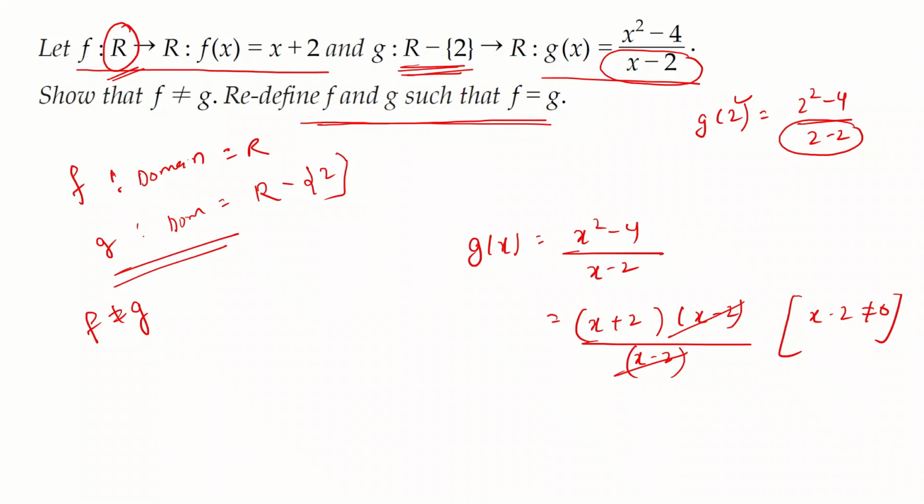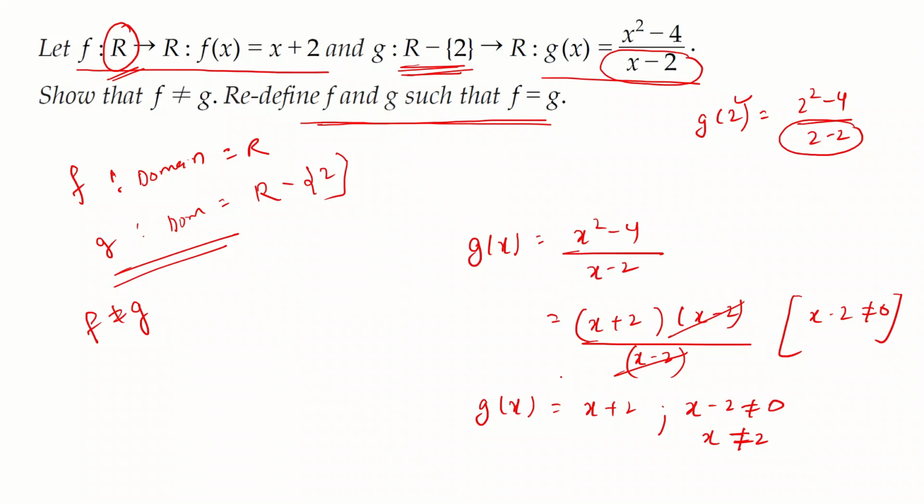So remember, 0 and 0 can never cancel each other. Whenever you cancel something, just make sure that you write down that we assume x minus 2 is not 0. So g(x) will be equal to x plus 2 when x minus 2 is not 0, that means when x is not equal to 2.